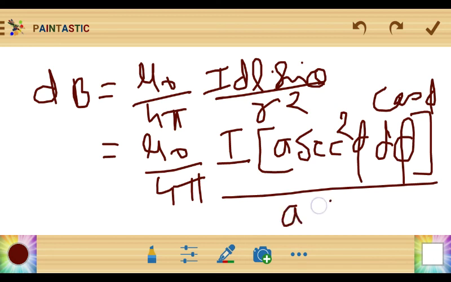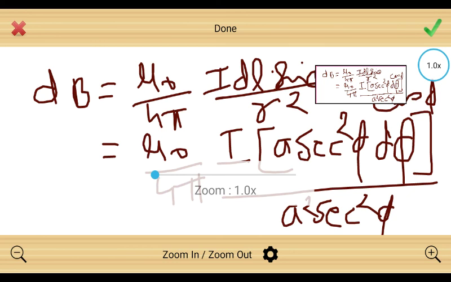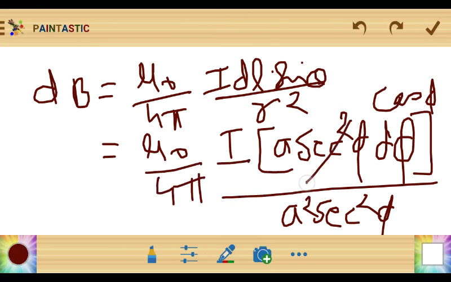So a sec square phi upon a square sec square phi, remember. So now sec square phi cancels, and one a from down and up is cancelled. So what is left?